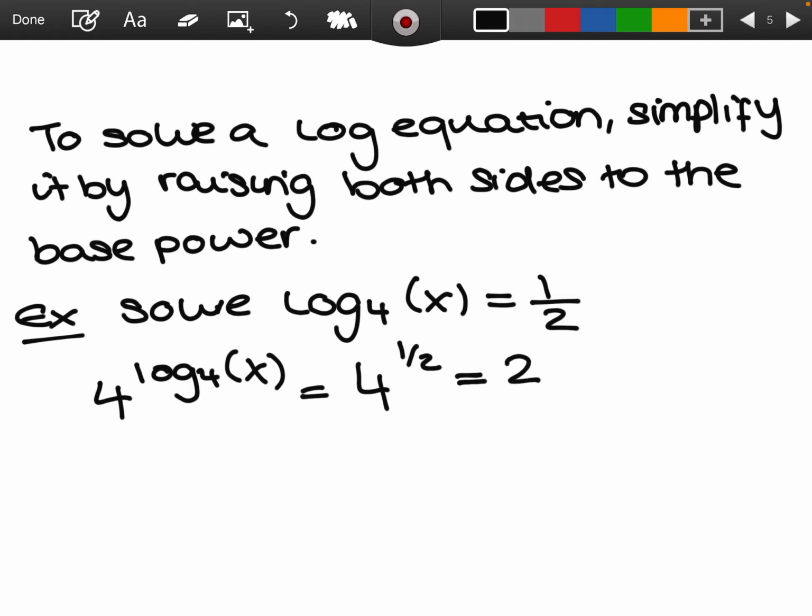I'm going to take the positive square root here, and that's 2. Then I've got 4 to the power of log base 4 of x. Again, log base 4 of x is asking me what power do I need to raise 4 to give me x. Well, if I then raise 4 to that power, I get x back. So x is equal to 2.